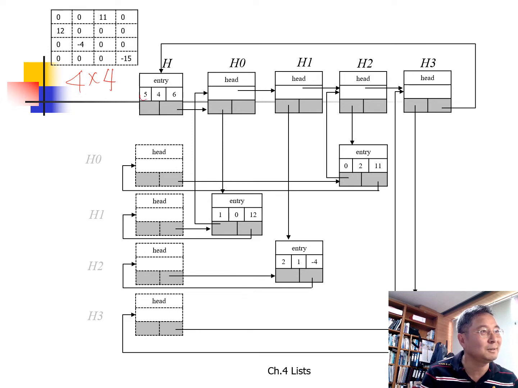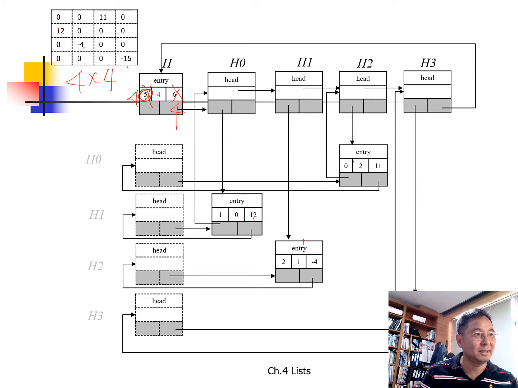Oh, that's wrong here. This must be 4, not 5. Okay, I'm sorry. And how about non-zero values? 1, 2, 3, 4. Yes, 4 non-zero values. So 6 is wrong here. It's 4. I'm sorry.